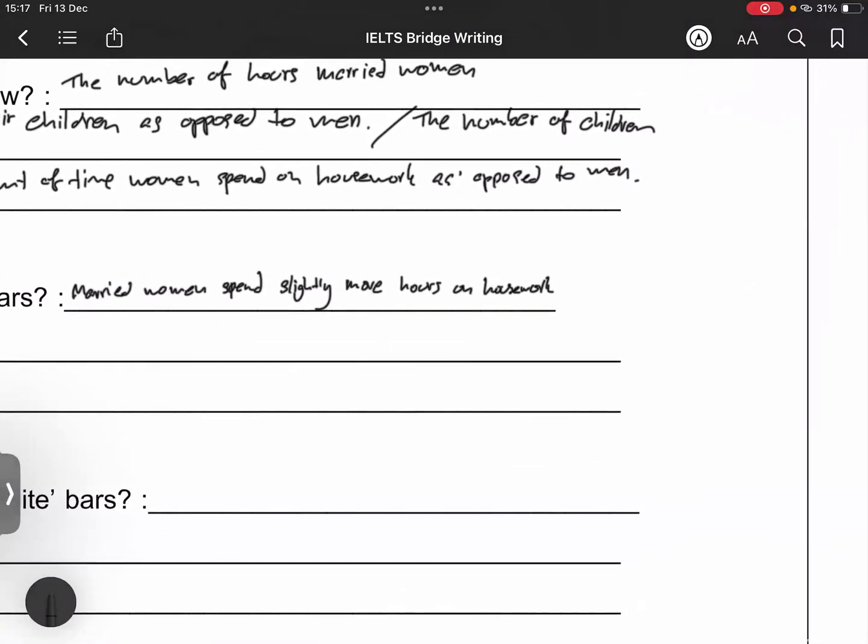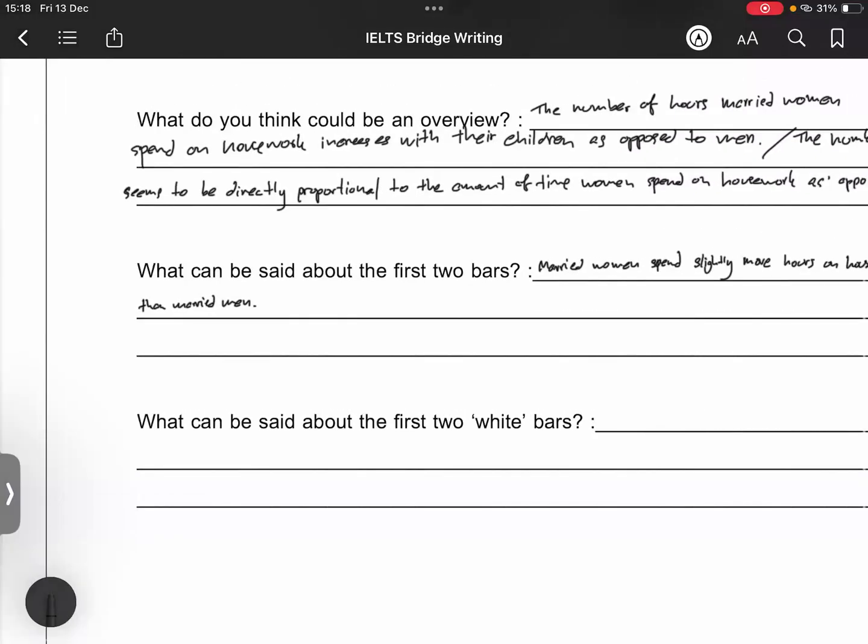Married women spend slightly more hours on housework than married men.